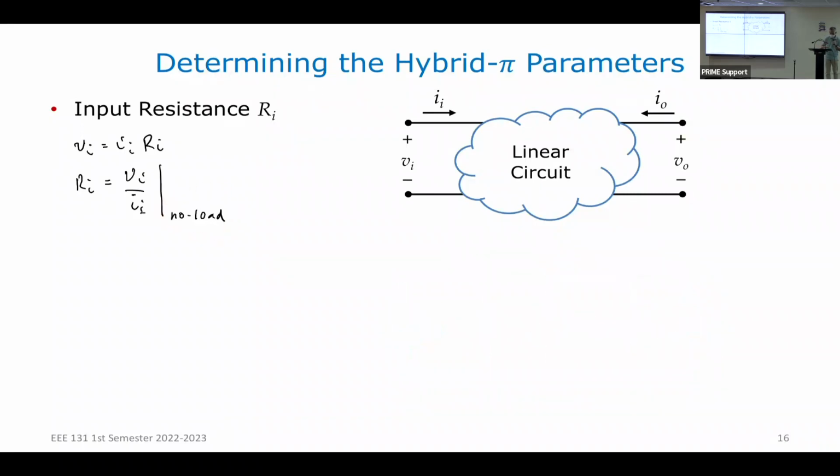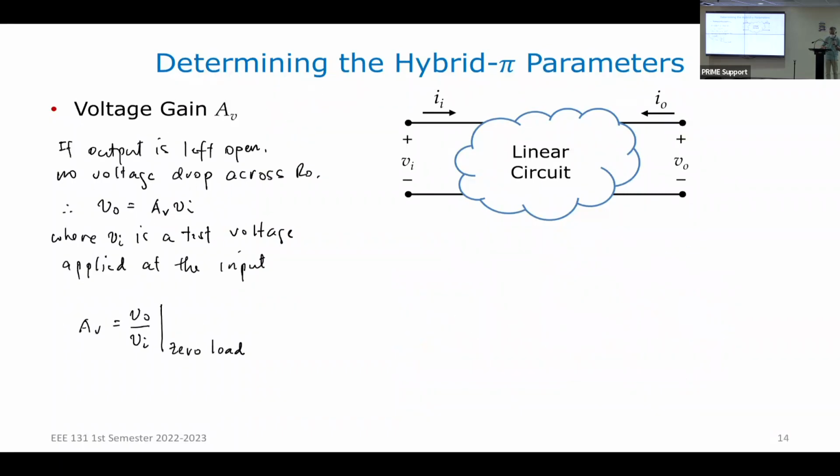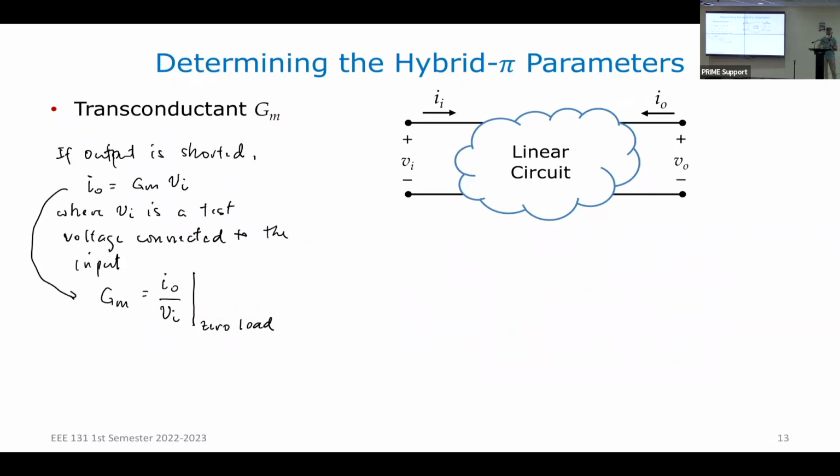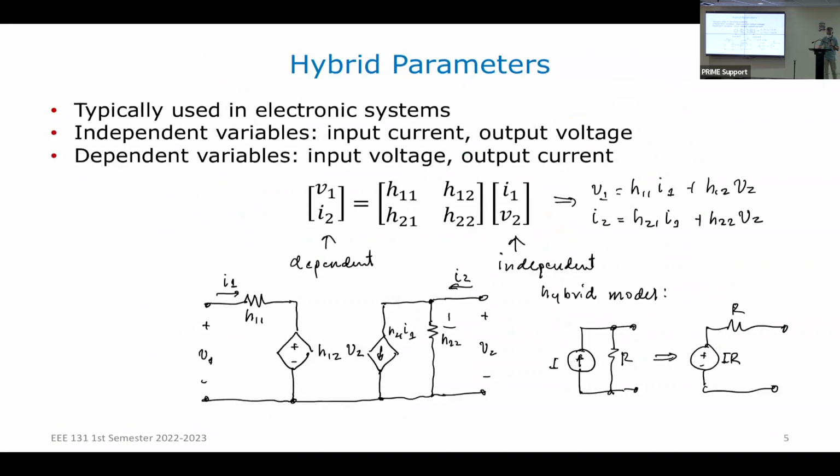Let's go back to the original hybrid model. The R sub I corresponds to H11.